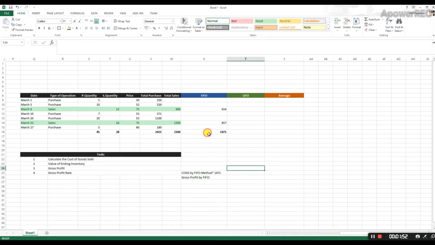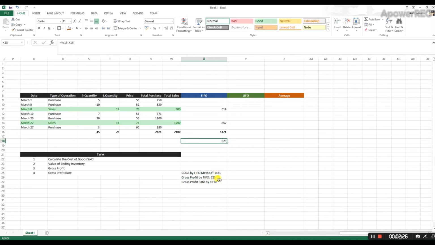is, so in order to find out the gross profit, so easy. We have the sales amount 2,100 and we have the cost of goods sold, so the difference is my profit. And to find the difference, we just do this minus this, 629, and gross profit rate by FIFO, or you may not even write that by FIFO thing.